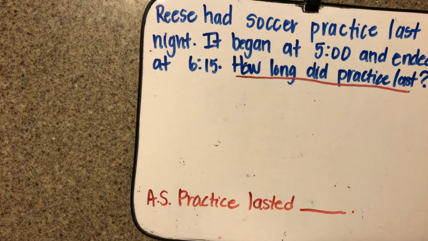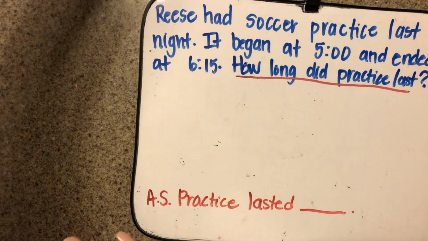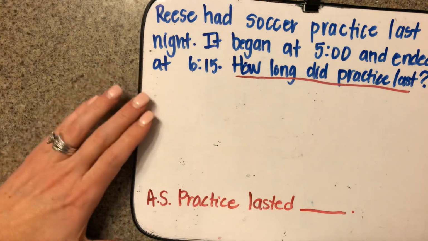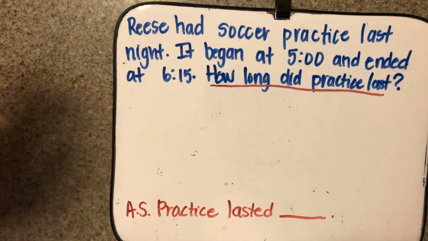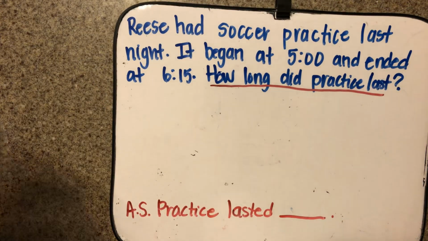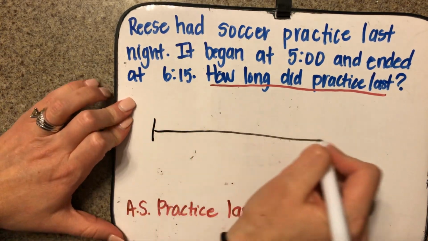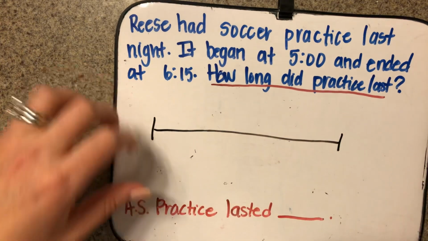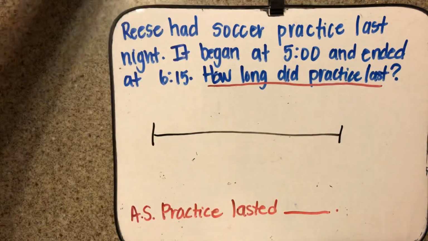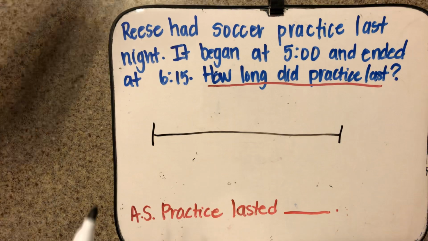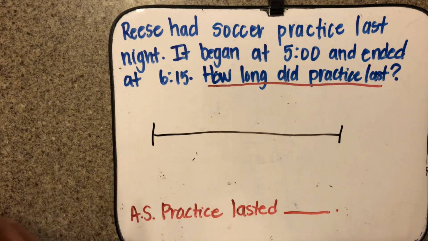The next step is to draw our number line. With finding elapsed time, the tool that we use is a number line. First, you're going to draw your empty number line, and then you're going to look back at the problem and figure out if we know our start time and our end time.